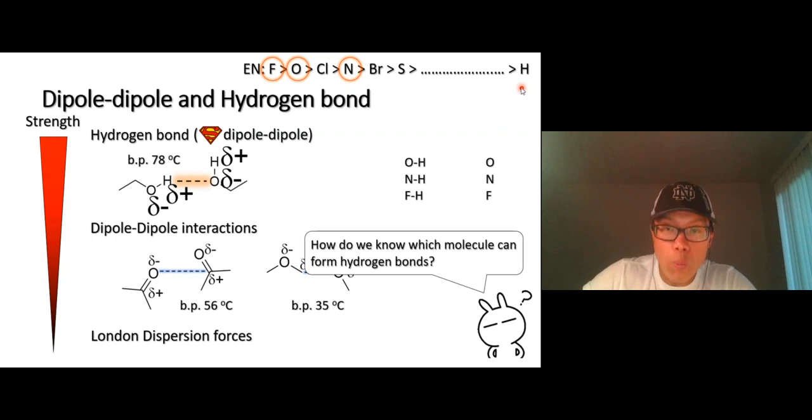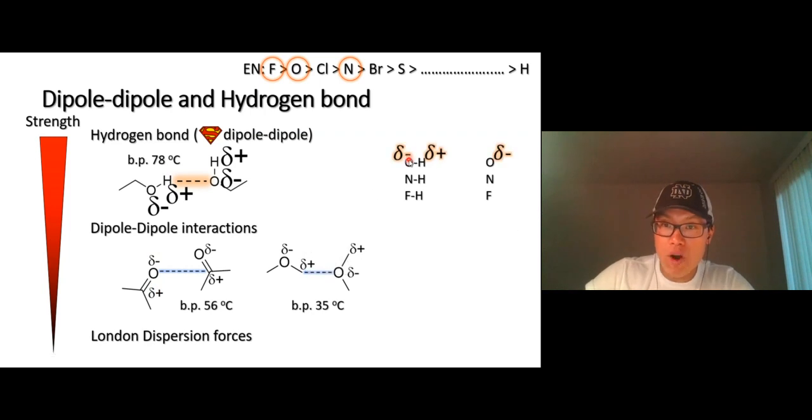When they pair up with the lowest electronegative atom among non-metal, the difference in electronegativity is large. The charge right here is large as well, larger than the regular dipole. So the OH from one molecule and oxygen from the other molecule form hydrogen bond right there.